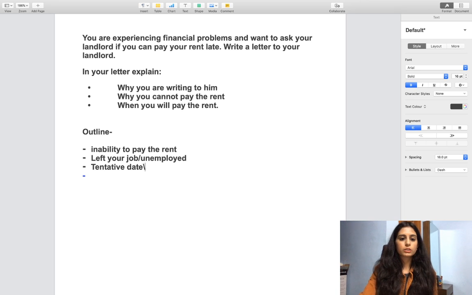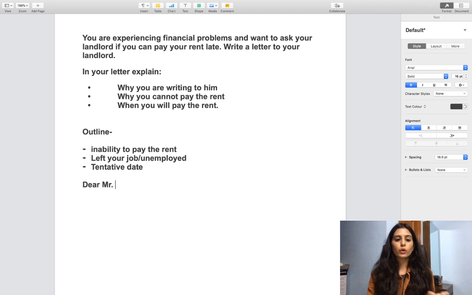All right, so let's get started. So the salutation of a semi-formal letter is always dear, followed by the title and the last name of the person.